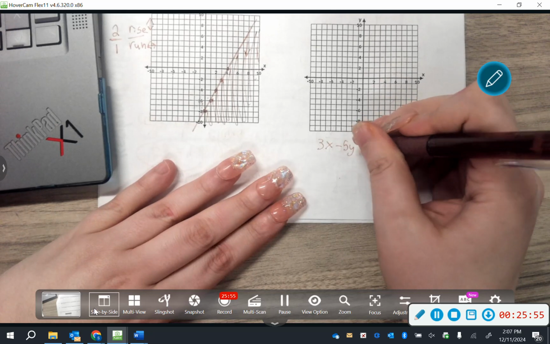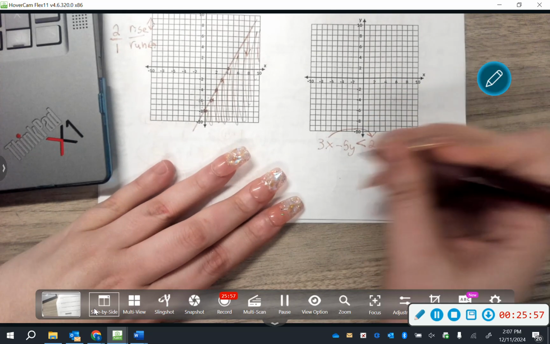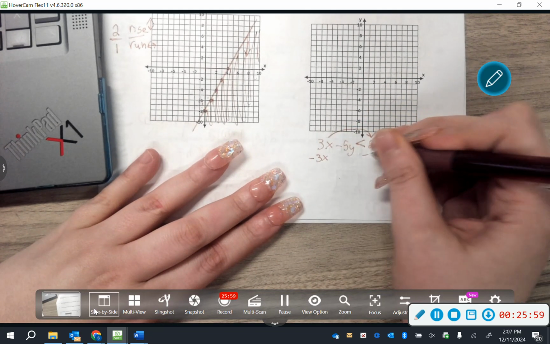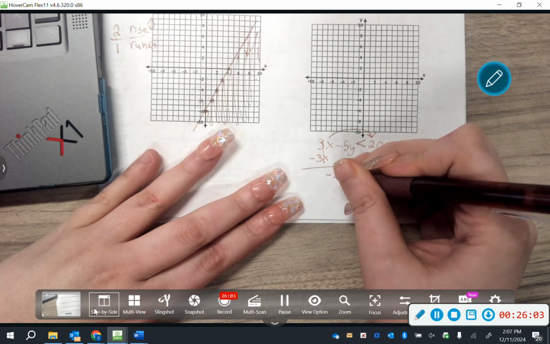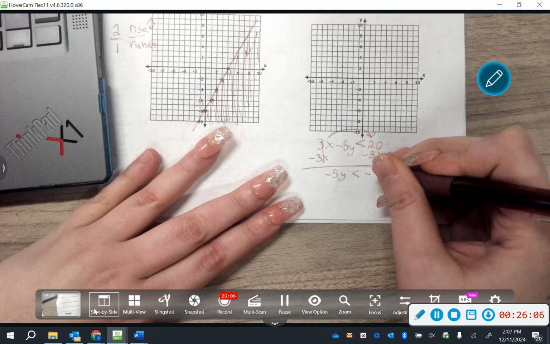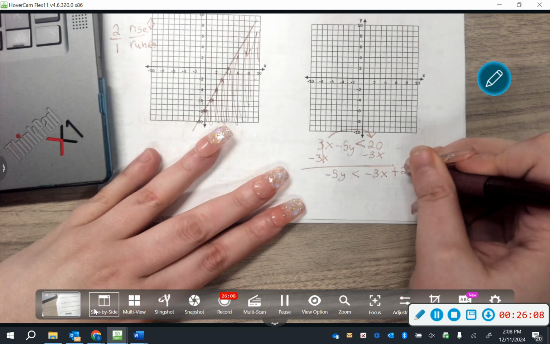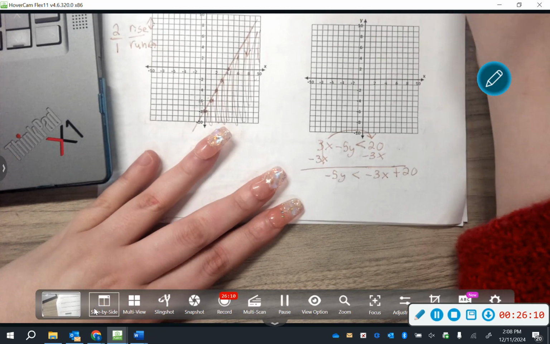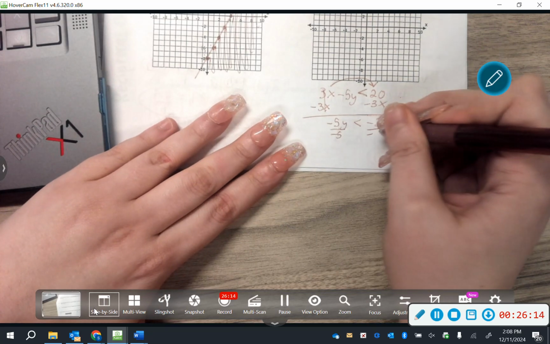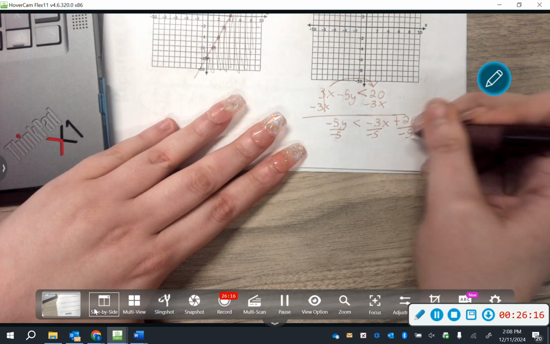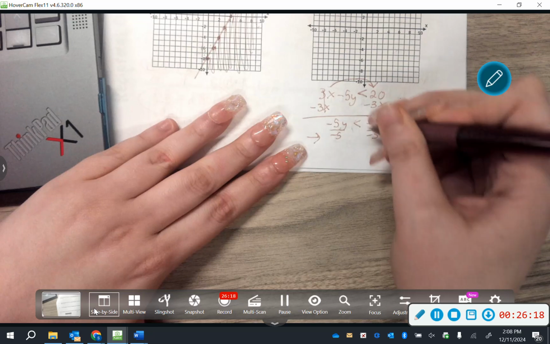We want to get the y by itself. The opposite of a positive 3x is minus 3x to both sides. Negative 5y is less than negative 3x plus 20. We want the y by itself, so we divide by negative 5. If I divide by a negative, my inequality sign flips.